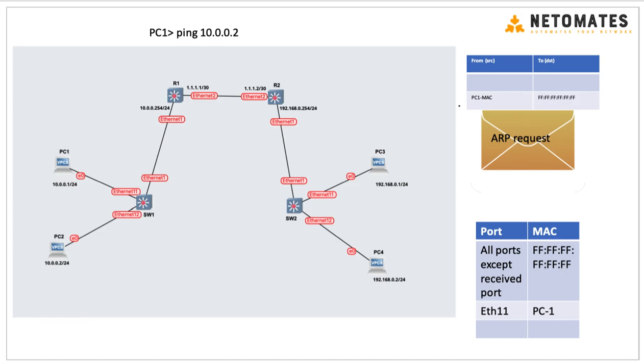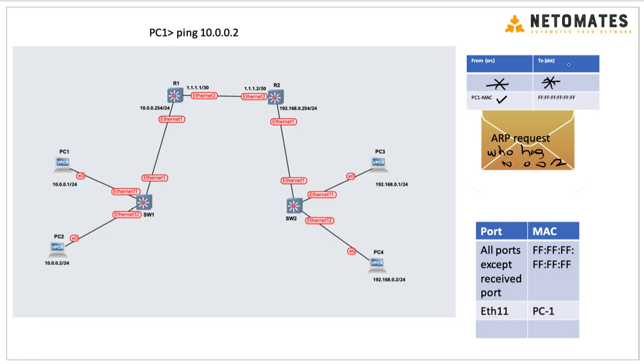Let's see what happens with the ARP request. To find out the PC2 MAC address, PC1 will send an ARP request. The content of the ARP request is: who has 10.0.0.2? The source MAC address will be PC1, because PC1 is the one sending this ARP request.